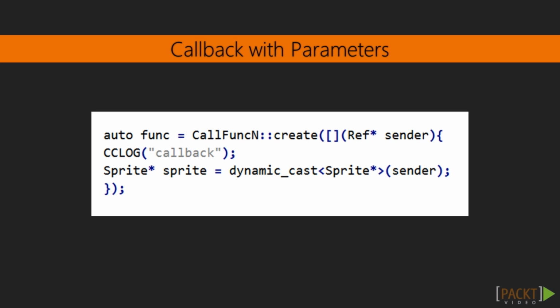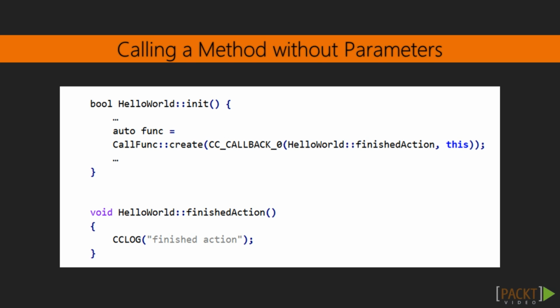For example, if you want to perform a different process after finishing the move action. Using call func, you can call the method at any time. You can use a lambda expression as a callback function. The instance of this parameter is the sprite that is running the action. You can get the sprite instance by casting to sprite class. Then, you can also specify a callback method.